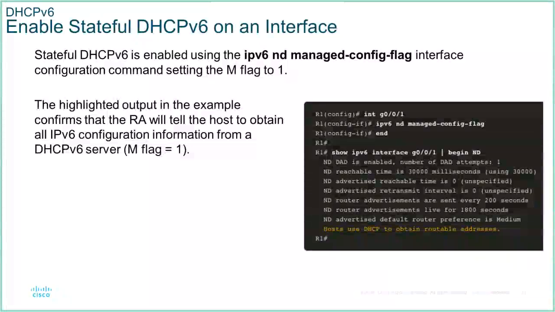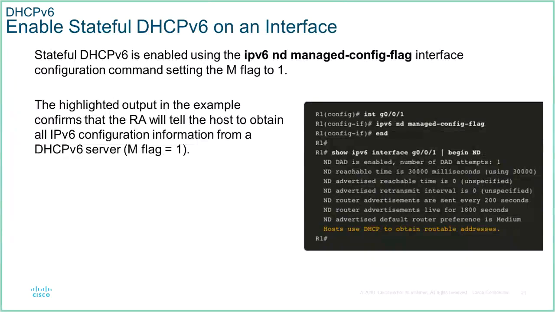So to force the stateful configuration mode, we go to the interface and use IPv6 nd managed-config-flag, which forces the M flag to go to 1, which means we're going to be in a stateful configuration for DHCP.